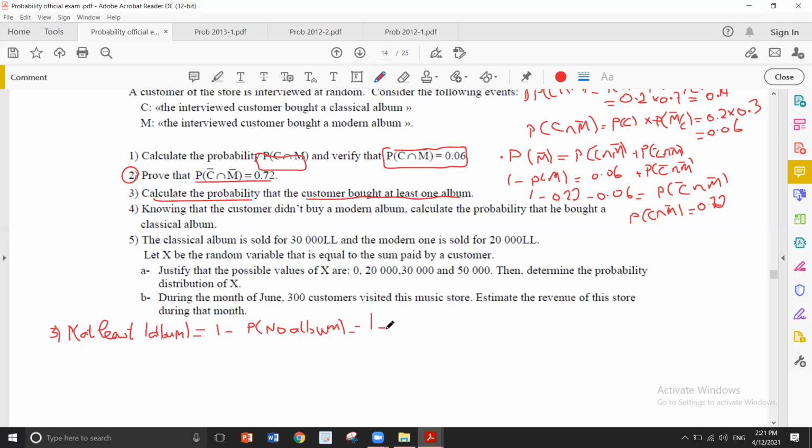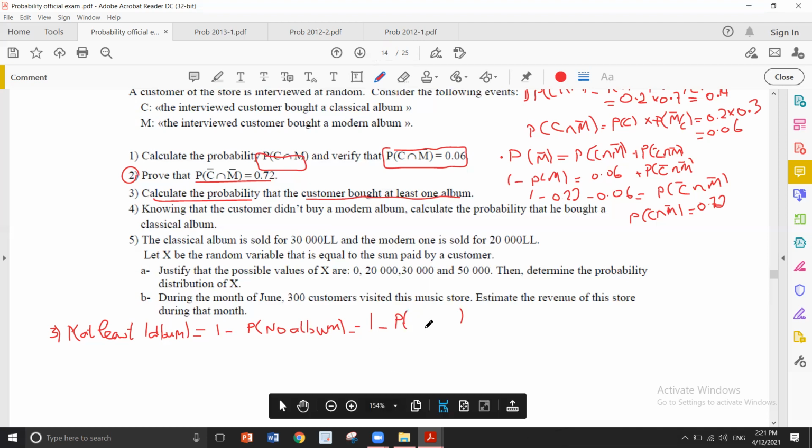One minus the probability of no album. Who can write it in terms of C and M? What is no album? M bar and C bar.